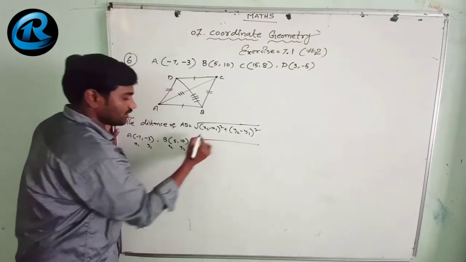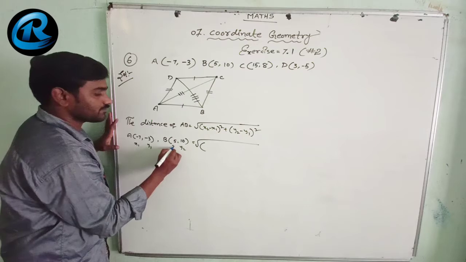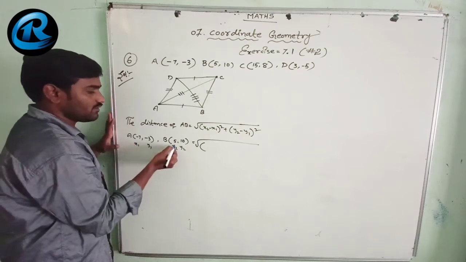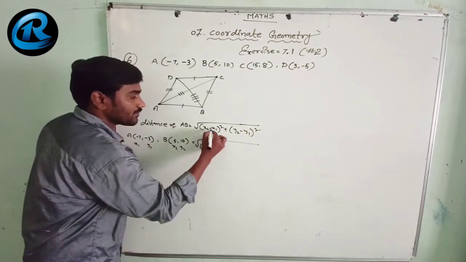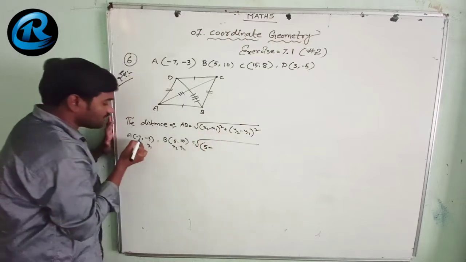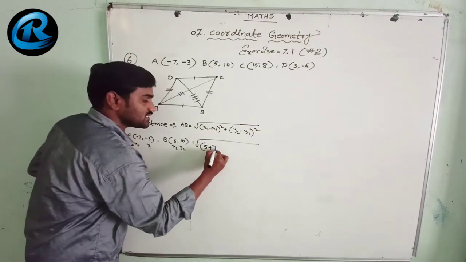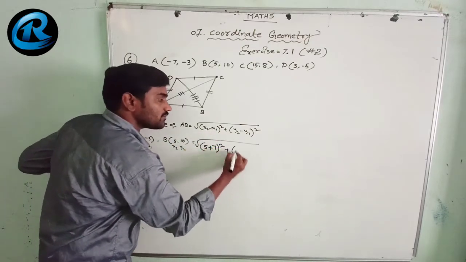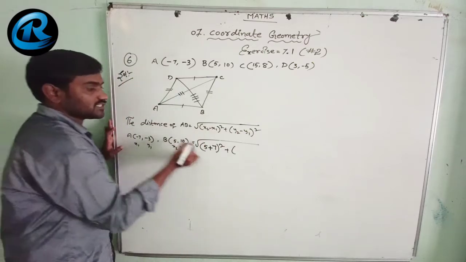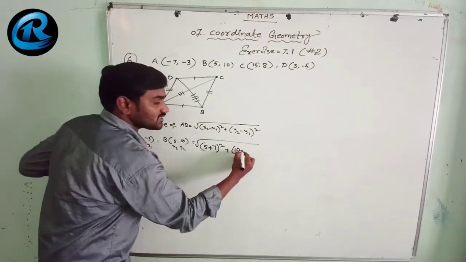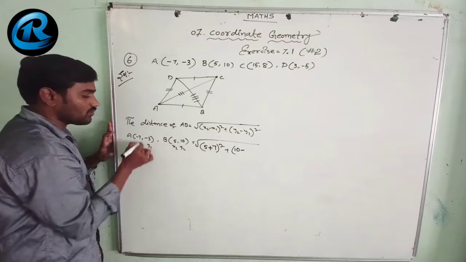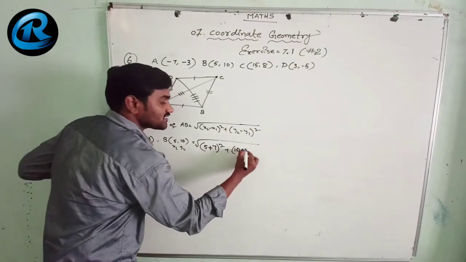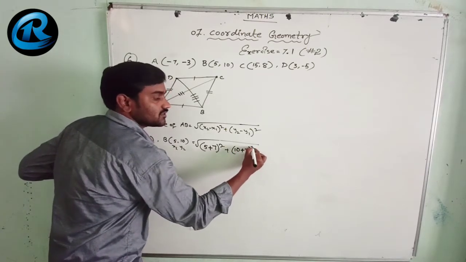So the square root of (5 minus (-7)), that is 5 plus 7, whole square, plus (10 minus (-3)), that is 10 plus 3, whole square.